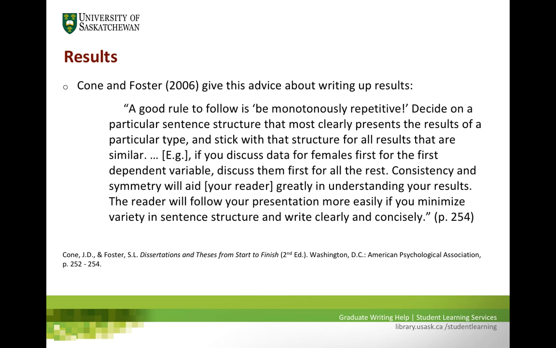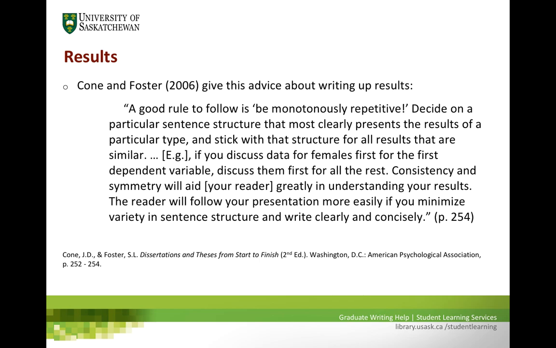These same authors had some other really good advice about writing out results, and I wanted to quote from their book. A good rule to follow is to be monotonously repetitive. Decide on a particular sentence structure that most clearly presents the results of a particular type and stick with that structure for all results that are similar.